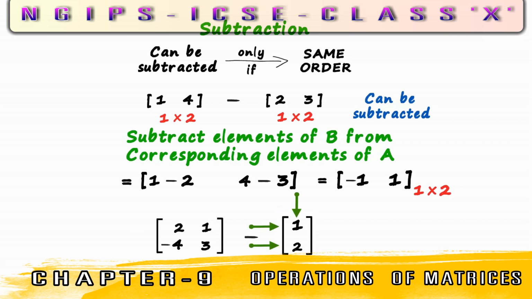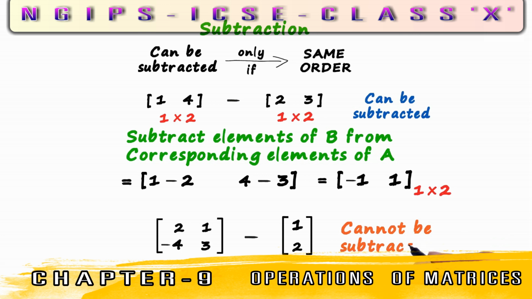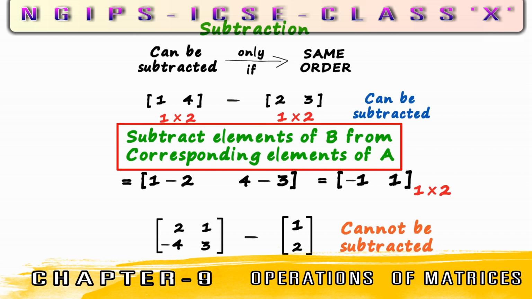The order will be 2 by 1. Orders are not the same, which means they cannot be subtracted. So remember, before performing the operation, check if the matrices are compatible for subtraction. Only if they have the same orders do we move on to subtracting the elements of one matrix from the corresponding elements of the other.